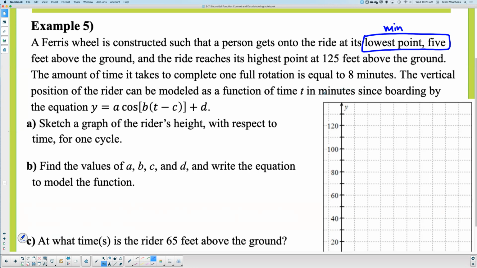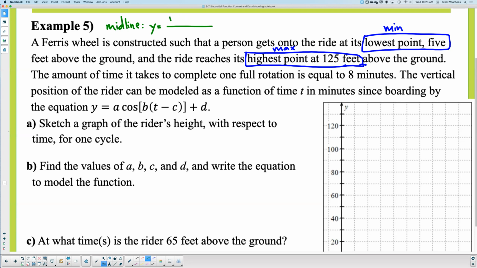Very good. I'm going to come back to you, Asa. Very good observation there. And the highest point is 125. That will be our max. We can figure out 2 values from this. What can we figure out? Midline. Yep. Very good. So the midline, it doesn't matter the order, but I just chose midline here, would be y equals, what's the formula?